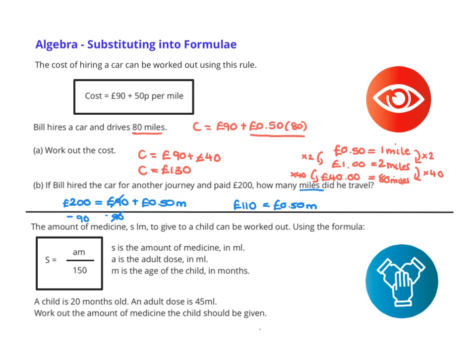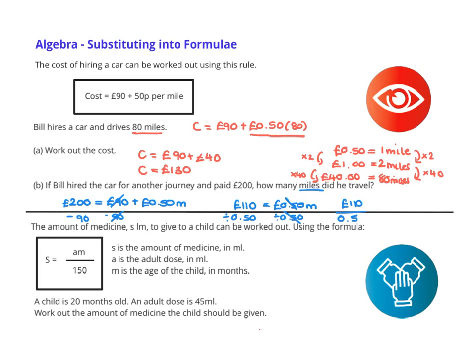Now, in order to work out the number of miles, I can see that the 50p is multiplying by that, so the opposite is dividing by 50p. So I'm going to divide both sides now by 50p, which will cancel out the 0.5 on the right. I've got to do 110 divided by 0.5.